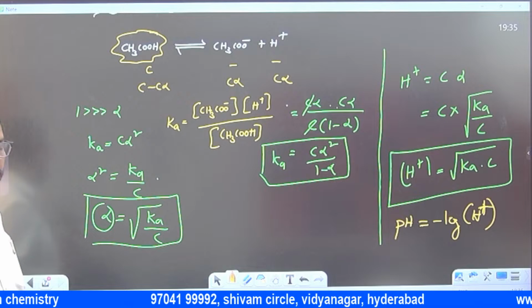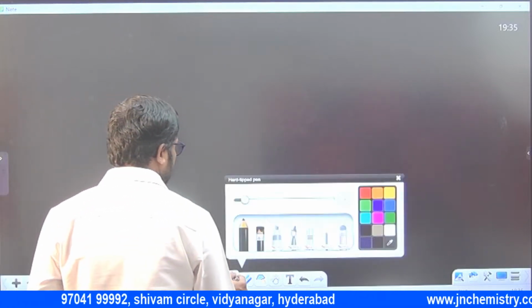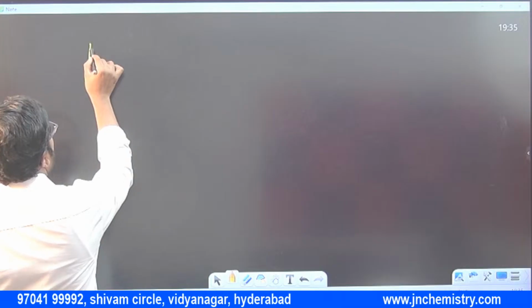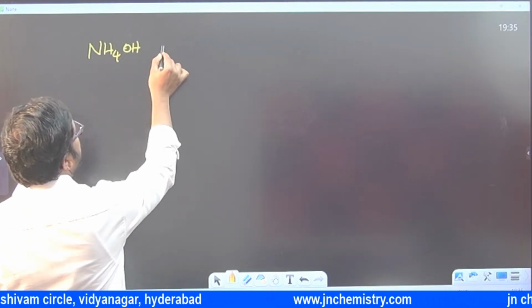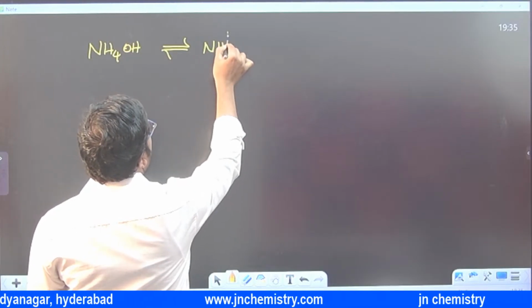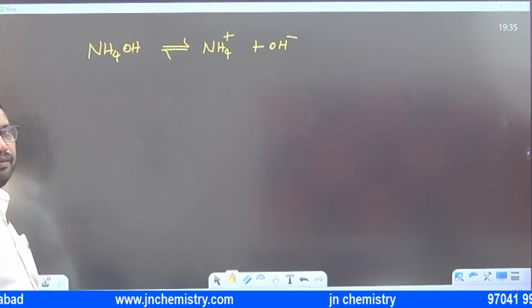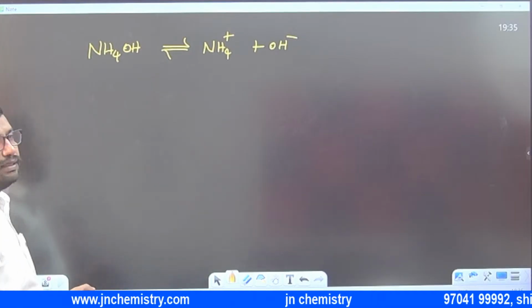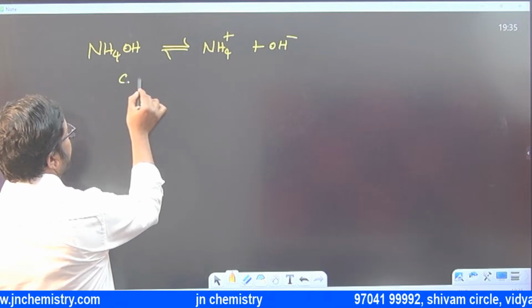Then, for example, the same way, NH4OH, a weak base, gives NH4 plus and OH minus. The base dissociation constant we call Kb.